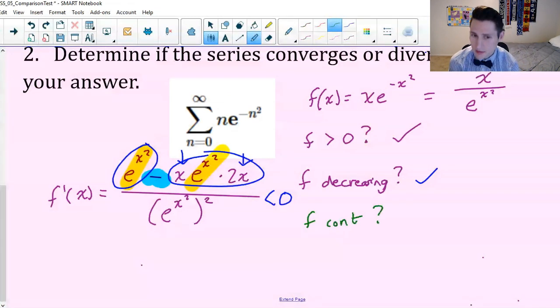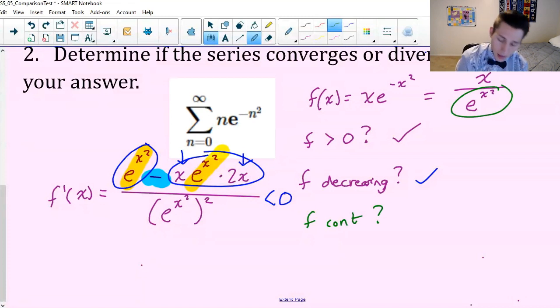And then lastly, is it continuous? Is f continuous, not the derivative? So the only thing I'd be worried about here is dividing by 0. Maybe because I have this denominator, but e to the power of something will never be 0. Even if I plug in 0 for x, that would still just give me 1 in the denominator.